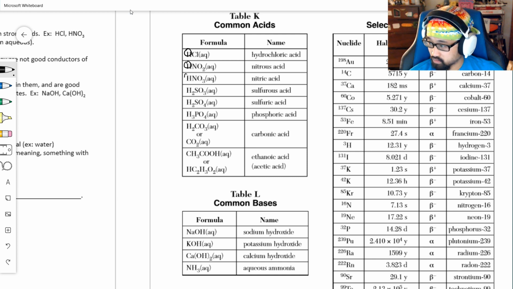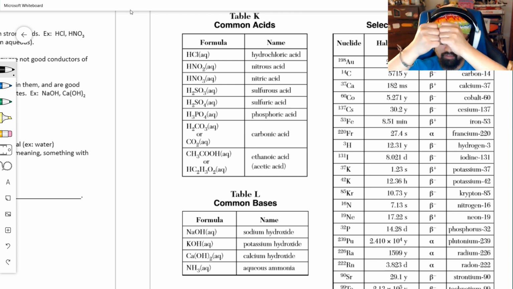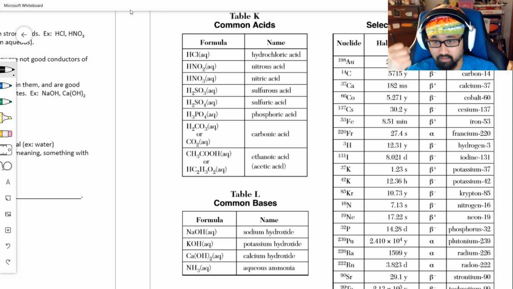H, H, H, H, H. All of them have this leading H. If you remember, when we're making a chemical formula and looking at charges or apparent charge, if it came first, it was positive. So there it is. That leading H is a positive H. When you dissolve it in water, it splits into that H+. That's what defines it as an acid.